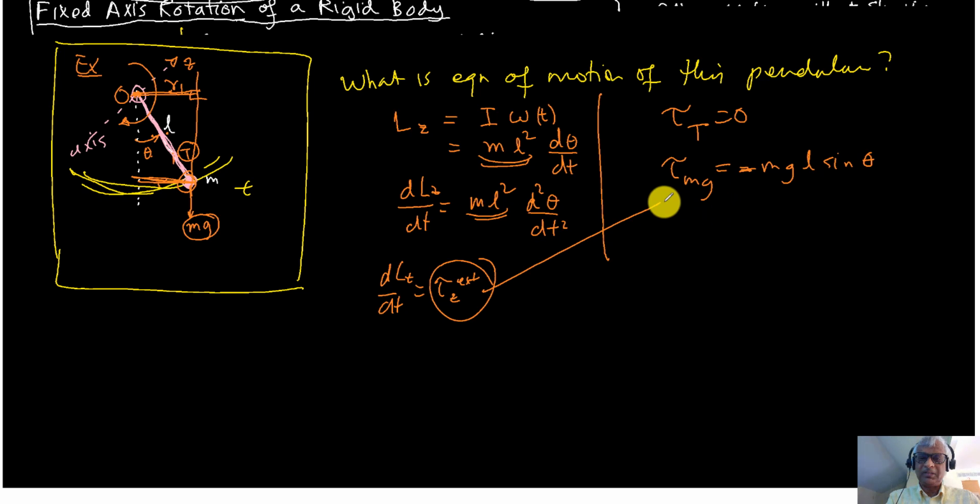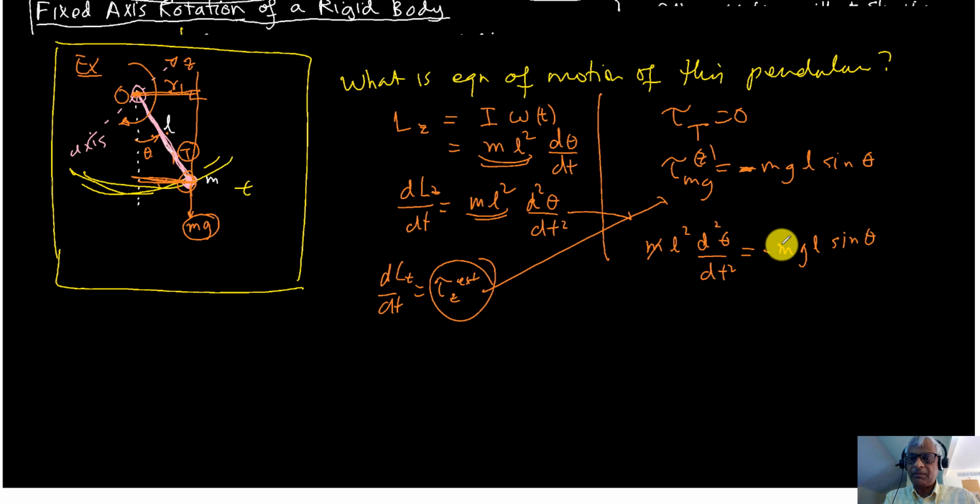Along the z-axis I need a minus sign because of the clockwise sense, and so I got m L square d square theta dt square equals minus mgL sine theta. One of the L's cancels out, and so you have d square theta over dt square equals minus g over L sine theta.